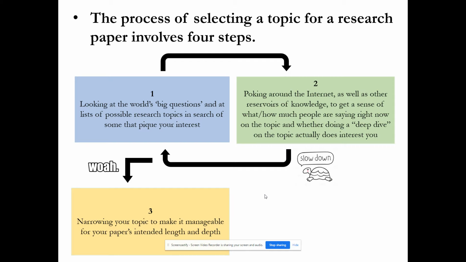For the paper my students are writing, it's going to be around 5 to 7 pages. So your topic should be something that you can manage in 5 to 7 pages, right? It should not be a topic that would be better for a 50-page college thesis, right? It should be a manageable topic, a more specific topic.